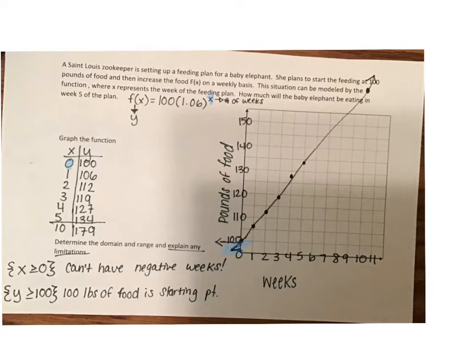So I started at 100 and then I went from there. It doesn't matter the increments you count by as long as you are consistent with what you're doing. And remember, you want to pick pretty numbers. So if you notice, every line is worth 5. So it's 100, 105, 110, 115, all the way up to 150. And then my weeks go all the way to, it looks like 12 is what fits on the graph. I just needed to get to 5.